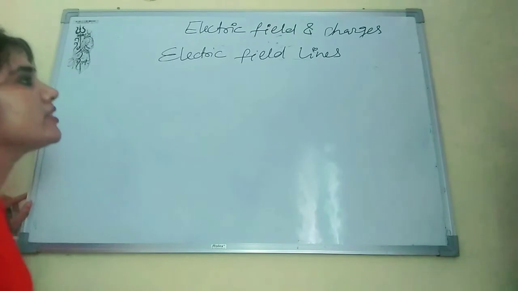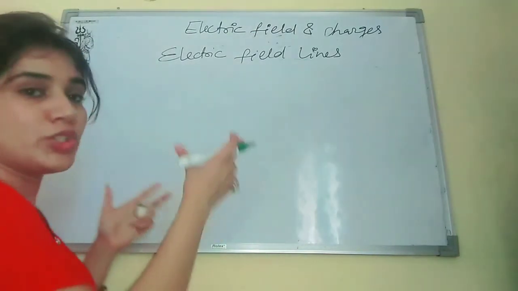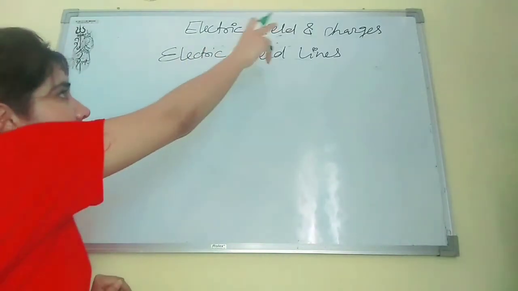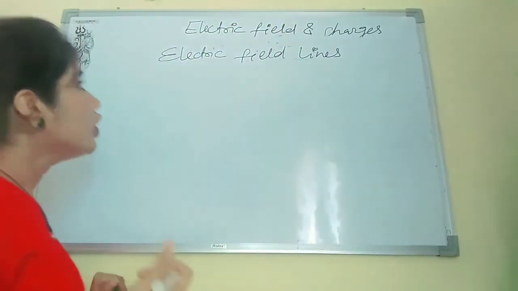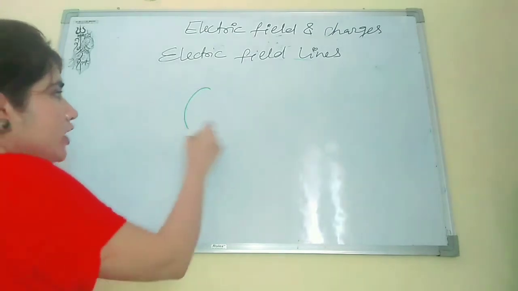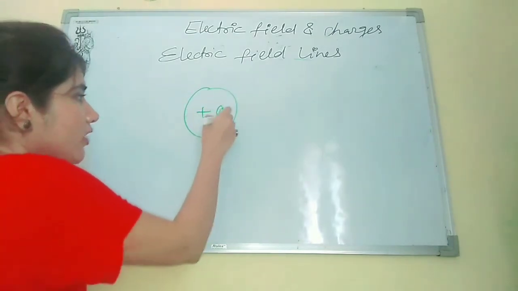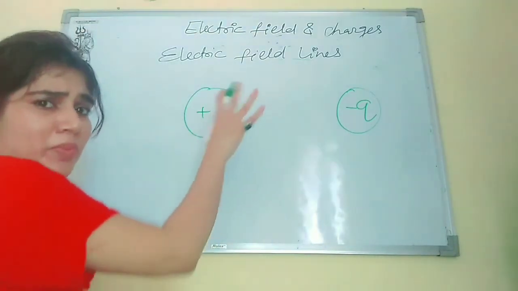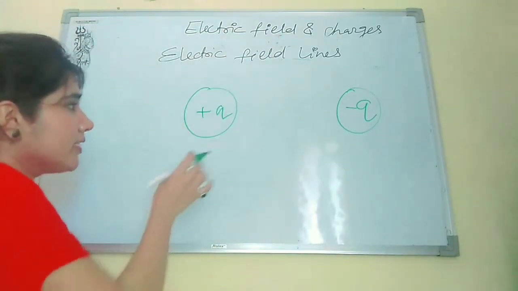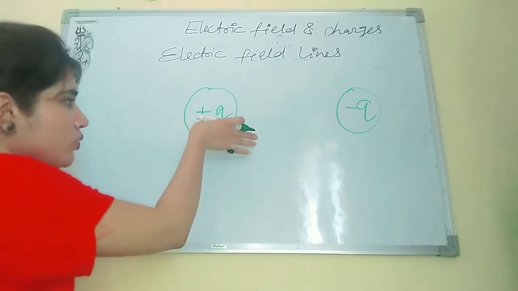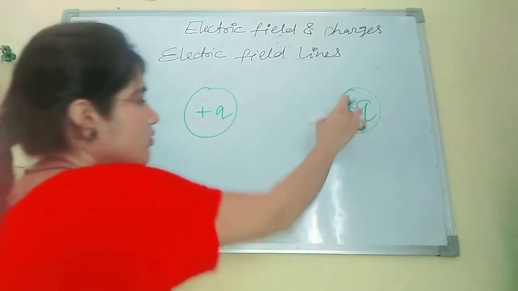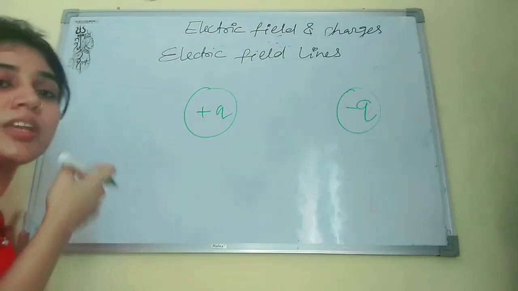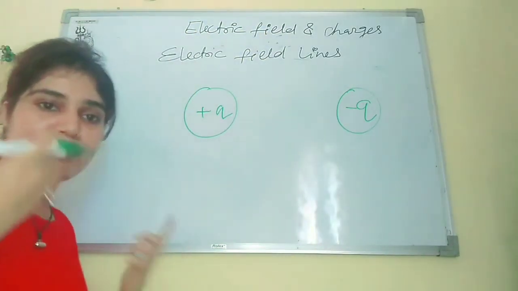Now one more term, that is electric field line, which I forgot to explain. In our previous video where I explained the electric field, I explained two figures, for plus q and for minus q, the representation of electric field in terms of two charges. One charge was positive q and one was negative q. Electric field lines are just imaginary lines we can't see with our eyes.